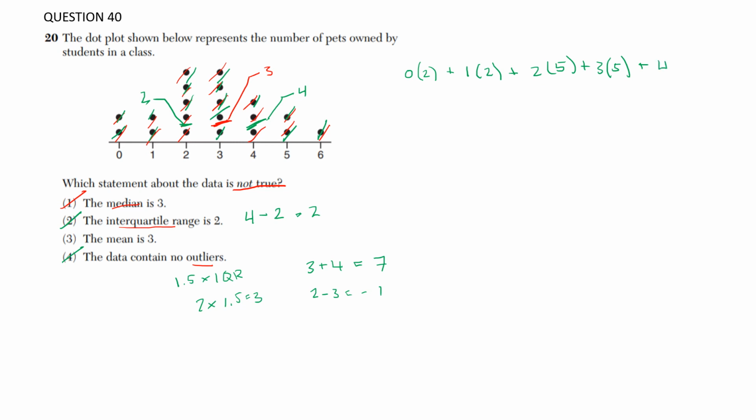For 4, we have 3 of them. For 5, we have 2 of them. And we have 1 singular 6. And you divide that by the total number of students, which is 12. In this case, you get 55 over 12, which equals 4.583, which is definitely not 3. So 3 is our answer.